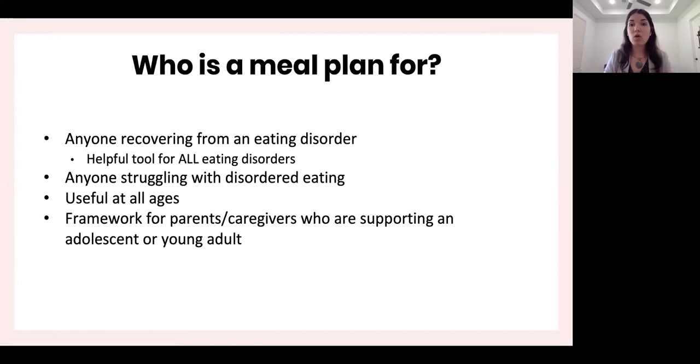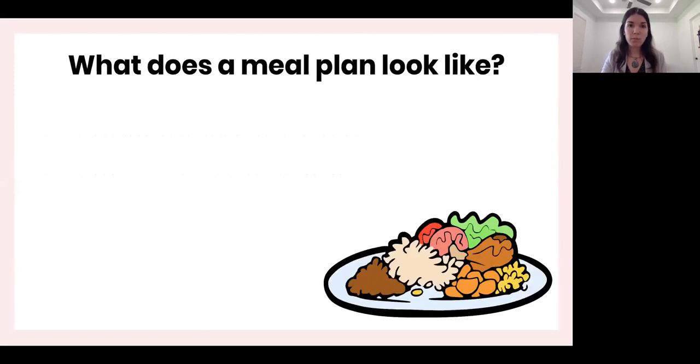It can serve as a framework for the parents and caregivers who want to support their loved ones and don't know what to do. Providing this meal plan gives them a structure of what they can be doing at home and how they can be helping their kids.